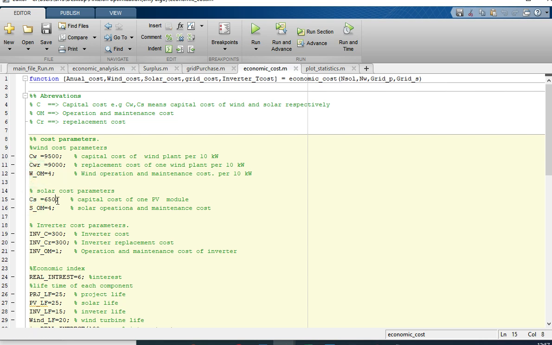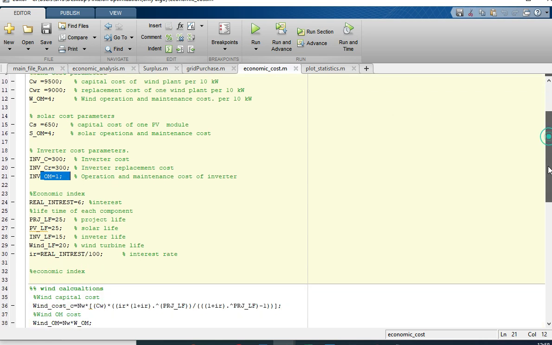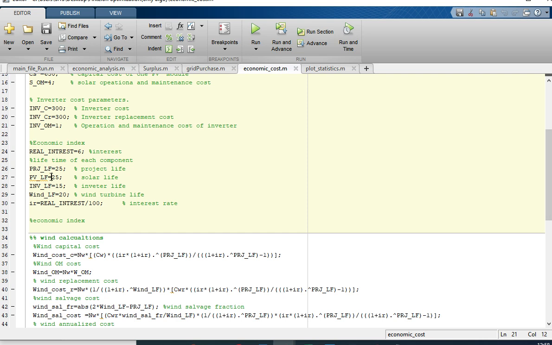Similarly for solar, the capital cost is 650 and the operation and maintenance cost is 4. Similarly, this is for the inverter per kilowatt $300, and this is the replacement cost and OM cost. Here is the life of each component, PV, wind, inverter, and for each component we are calculating its cost.